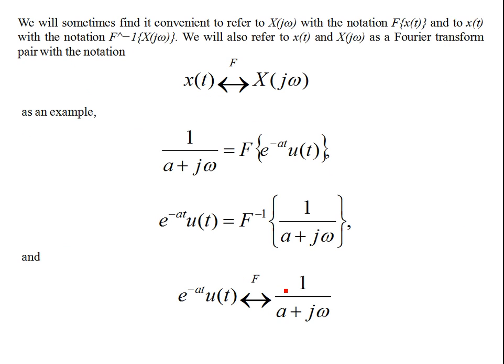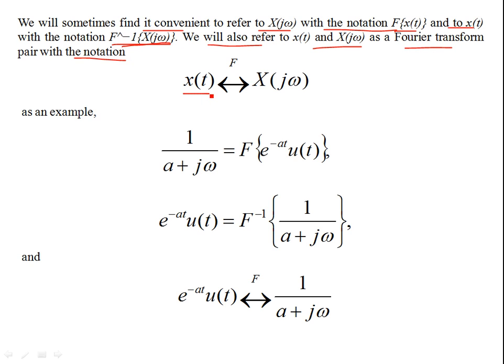As far as the notation is concerned, we'll sometimes find it convenient to refer to X(jω) with the notation of the Fourier transform of x(t), and x(t) with the notation of the Fourier inverse of X(jω). So we're using F{x(t)} to represent the Fourier transform of x(t), and the inverse Fourier transform of X(jω) gives x(t). We'll also refer to x(t) and X(jω) as a Fourier transform pair.